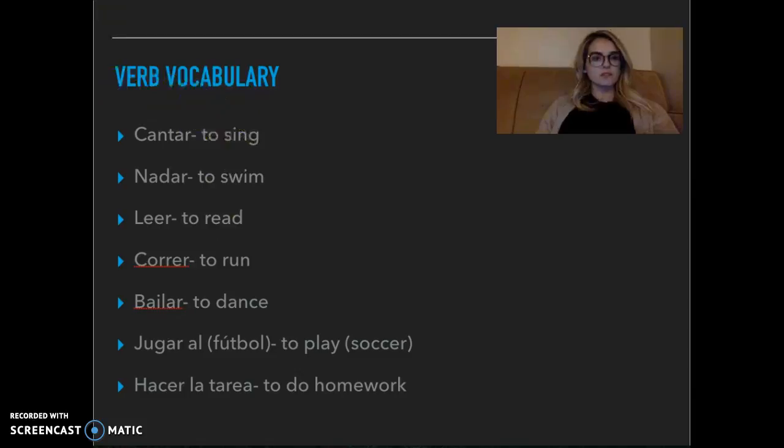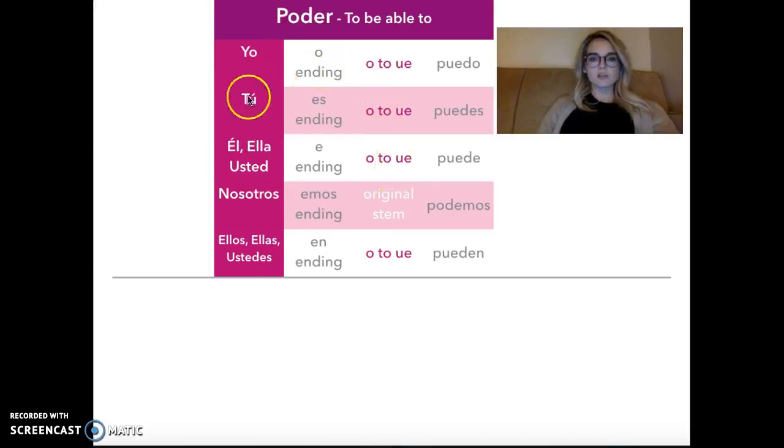Okay, so just to recap, we should have these verbs written down for vocabulary, this table, to the extent that you think you need the practice, so the O, ES, E, emos, and EN endings, whether you have these memorized. If you have them memorized, you probably won't need to write them down, but if you could use the practice, go ahead and get that written in your notebook.